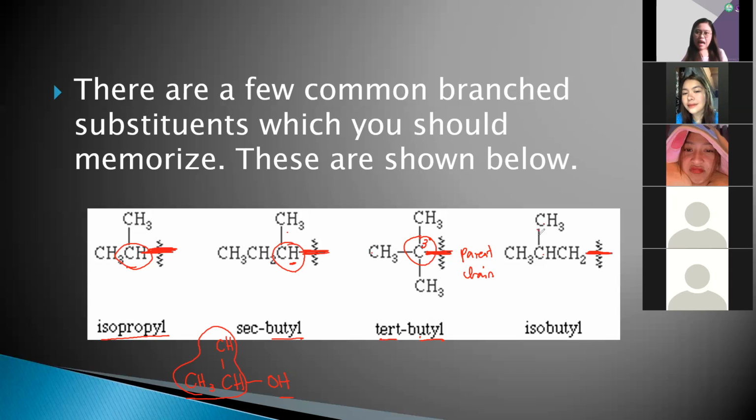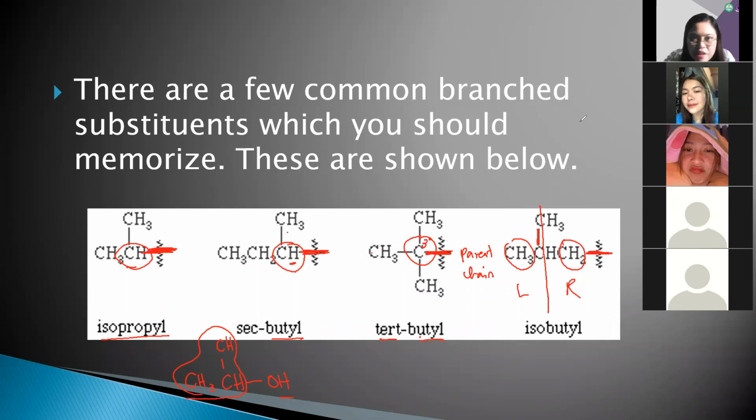Pag nahati, iso means the same, right? So, the same siya kasi meron kang CH3 here, another carbon here, and then the other carbon is at the center. It's bonded at the center. So iso siya. Kung hahatiin natin itong compound na ito, the same ang left side sa right side. That's what you mean with iso.